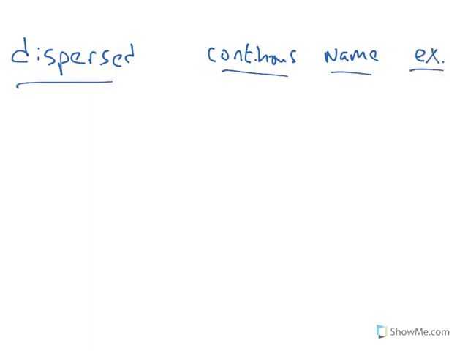If we were to take liquid particles and disperse them in a continuum of gas, we call those aerosols. An example you've certainly seen is fog. Fog is a colloid. It has liquid particles like water in a continuous phase gas, like the atmosphere, and that would make fog.